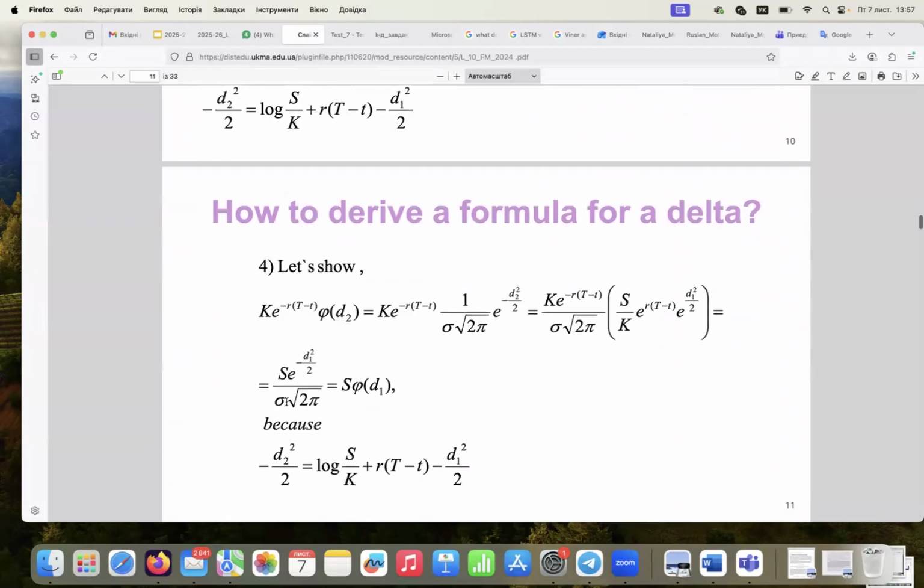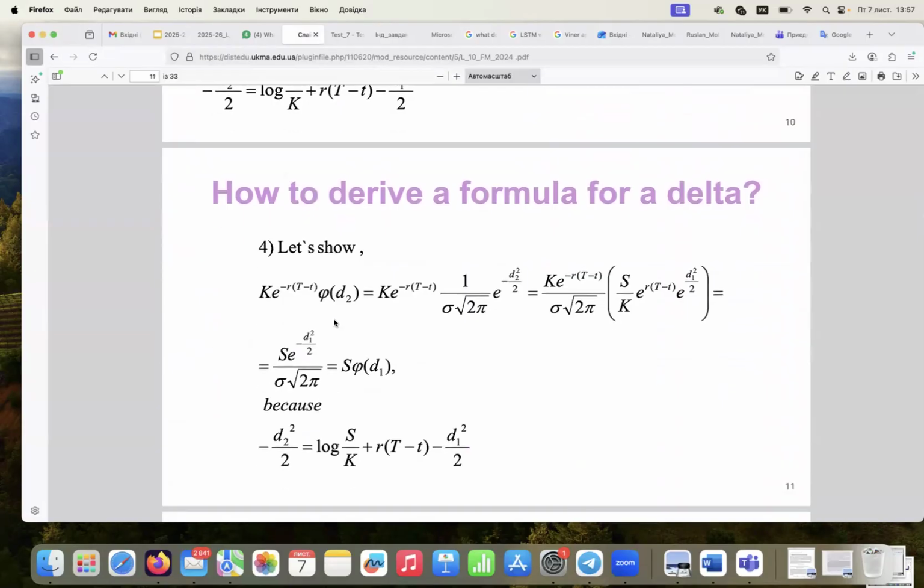Okay. So if we consider this function, we rewrite it. Instead of phi of d2, we write this function, the standard normal distribution.